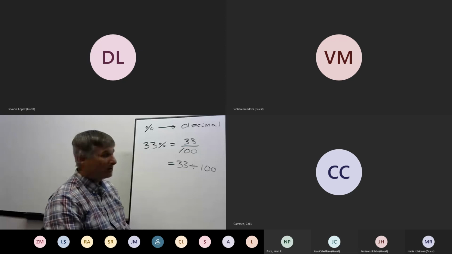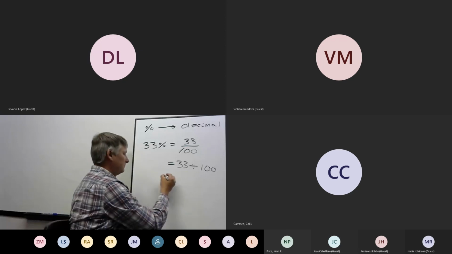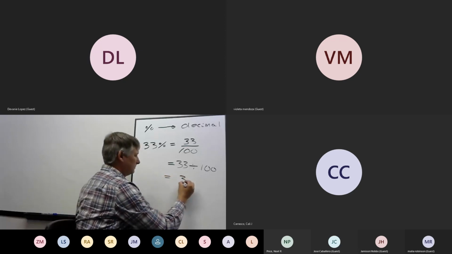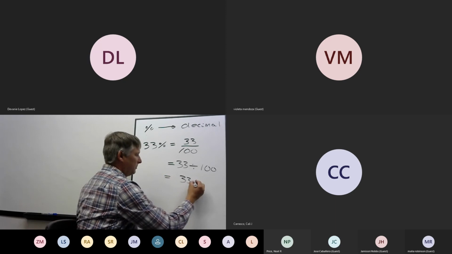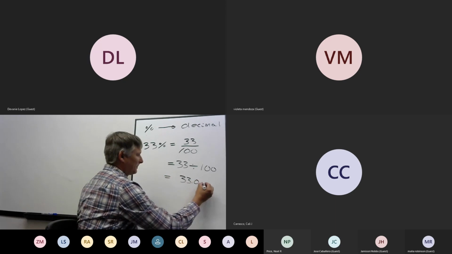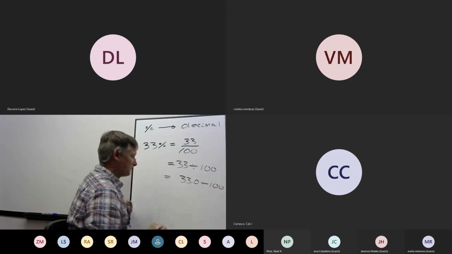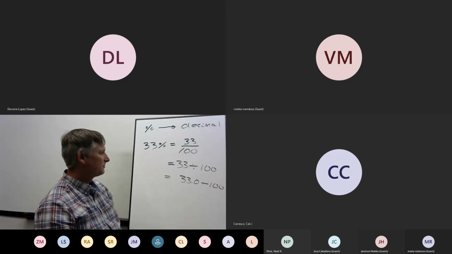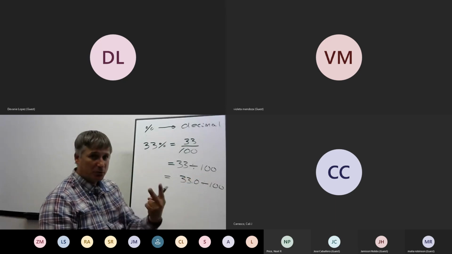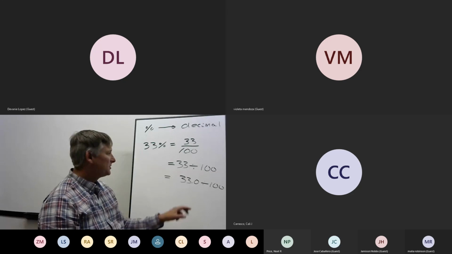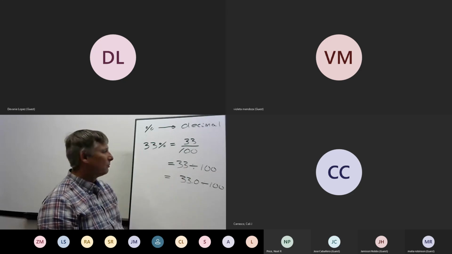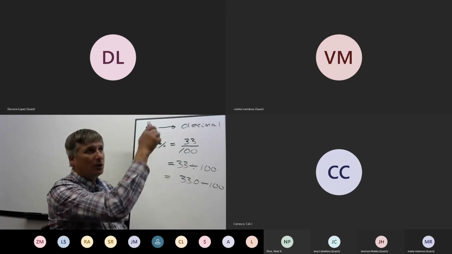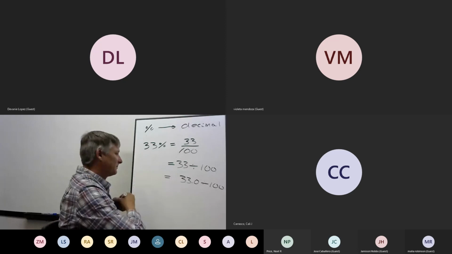Now, what we learned about decimals: two zeros. So we're going to move our decimal 2 spots. And since we're dividing, we're going to move our decimal to the left.